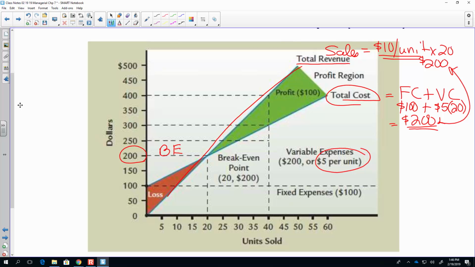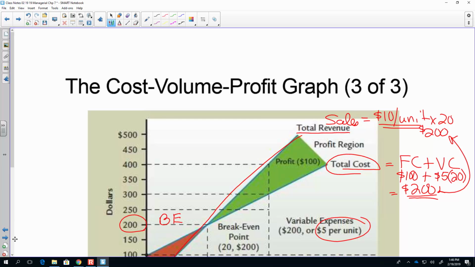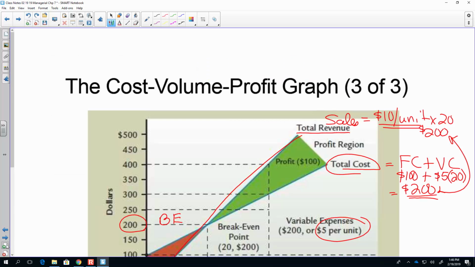Also on the next page, they do a series of other graphs. And what I'm going to do now is do this. On the test, you'll be asked some analysis questions about break-even.